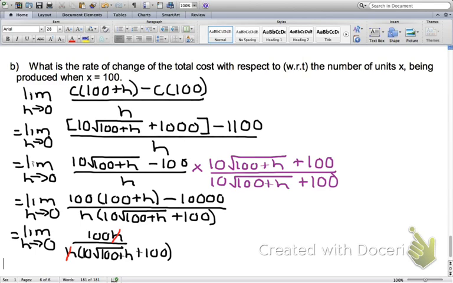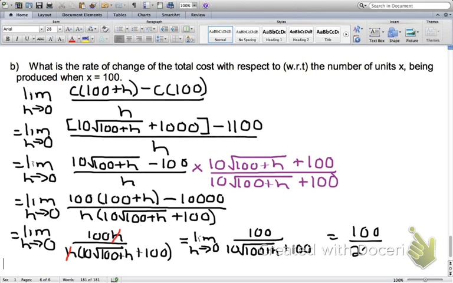So we're left with the limit as h approaches 0 of 100 all over 10 times the square root of 100 + h plus 100. So therefore, that's going to be equal to 100 over 200, which is equal to a half.